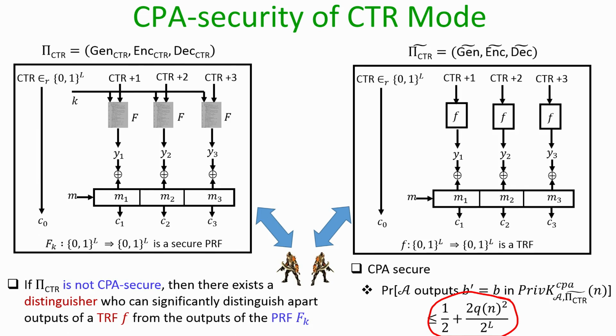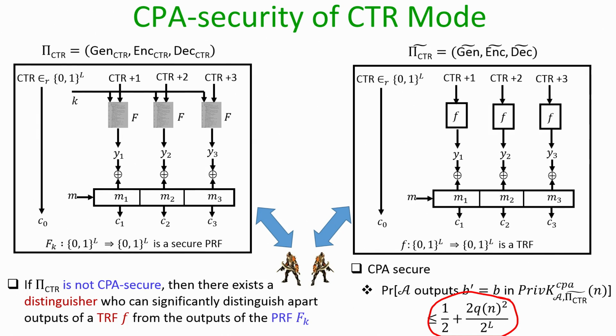Once we do this, later on we will show that if the actual counter mode of operation, which we want to prove formally to be CPA secure, is not CPA secure, then there exists a distinguisher who can distinguish the behavior of the keyed pseudo random function from the behavior of a truly random function, which will be a contradiction to the assumption that the keyed function is a pseudo random function. So, that is the overall idea of the proof.